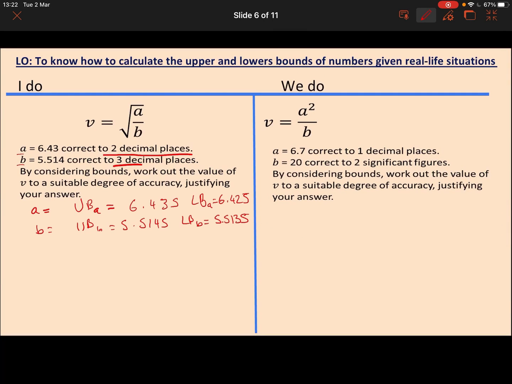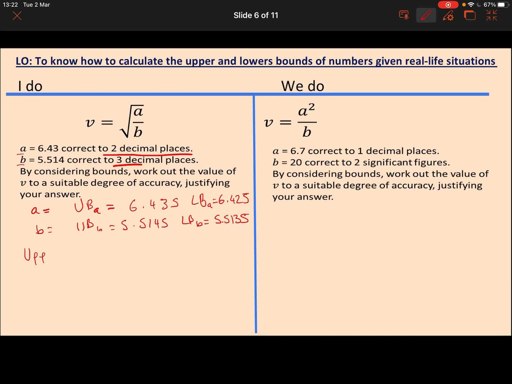So if we want to find out upper bound V, we are going to need to use upper bound A and divide it by lower bound B, and then square root the answer.